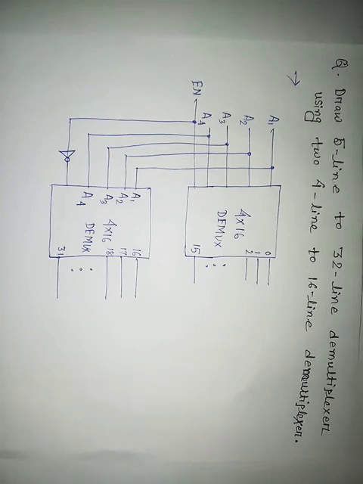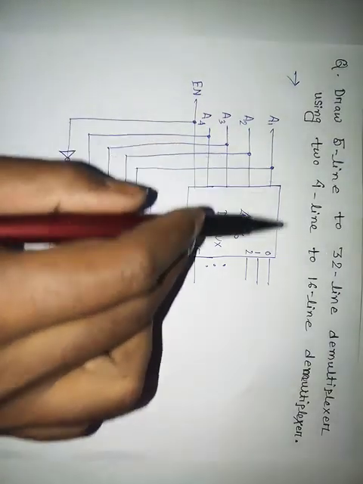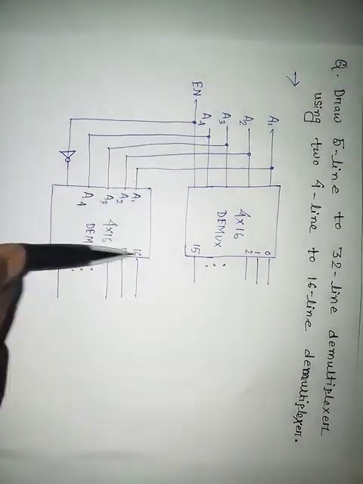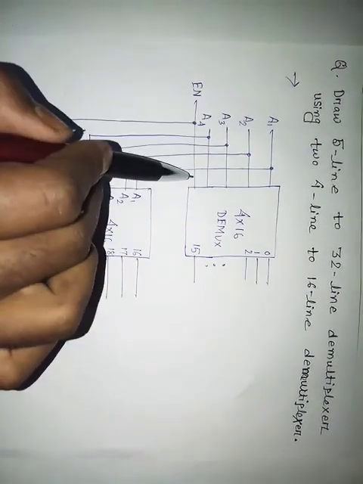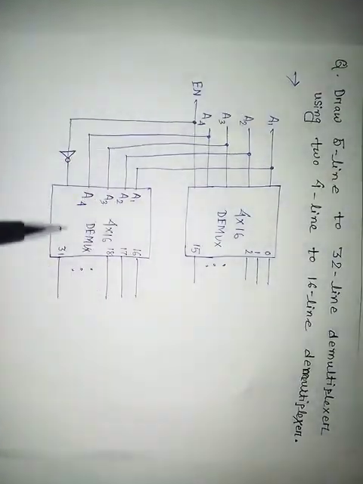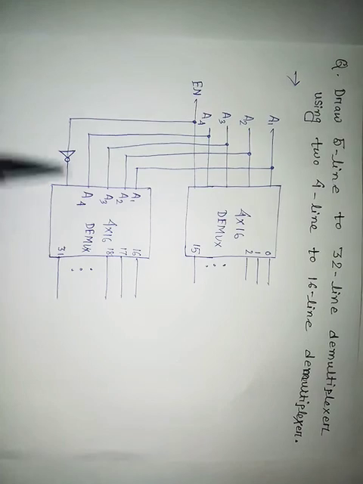See, you using 2D demultiplexer, first of all you select 2D demultiplexer. We are taking a rectangular box of demultiplexer, and they also suggest that 4 line. So we are creating a 4 line. First of all, A1, A2, A3, A4 are creating 4 line. 4 into 16 demux, but they also mention it 5 line.